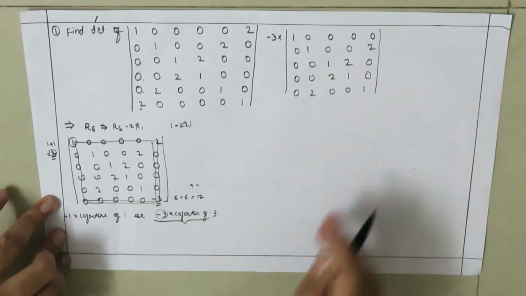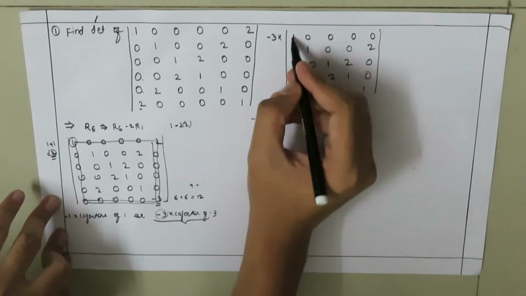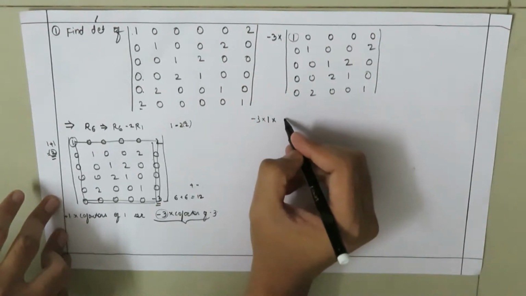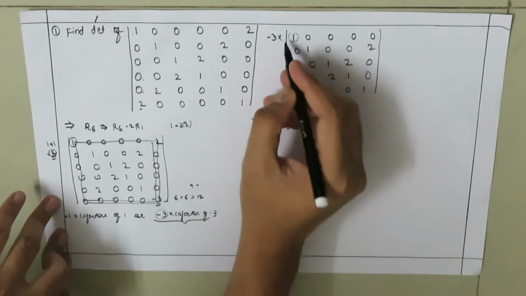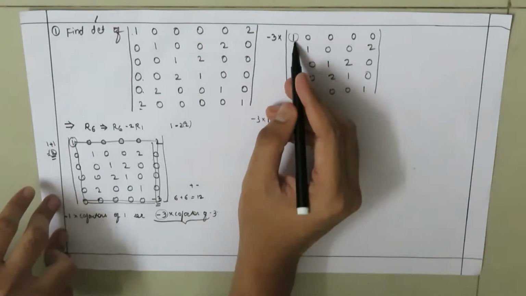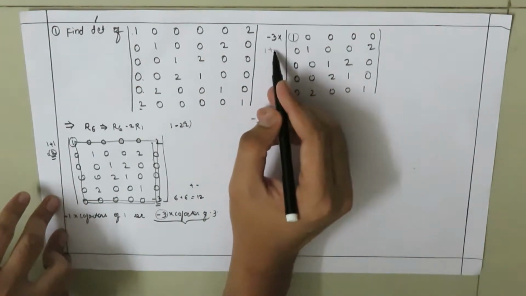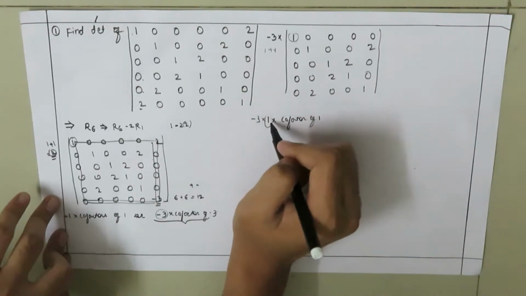And now again we can take -3 times this element 1 times the cofactor of this element, that is 1, and as this is first row and first element, the sum is again even, so we multiply this element by a positive sign.